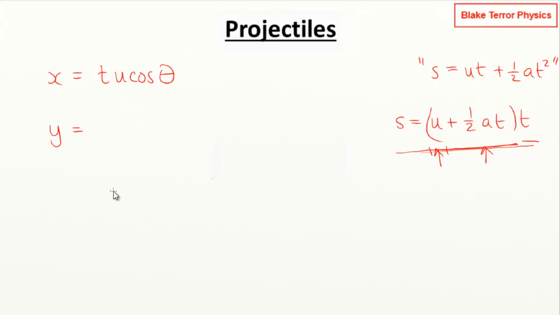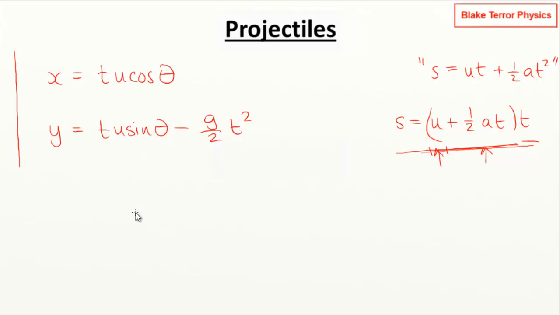So that's what we're going to get for x. For y, we do have the acceleration, so we're going to get a similar starting velocity, but this time using sine rather than cosine, and then we're going to take off half of the acceleration times t squared. Negative because we're measuring y upwards and acceleration downwards, so we have to have a minus g. So they're our parametric equations.